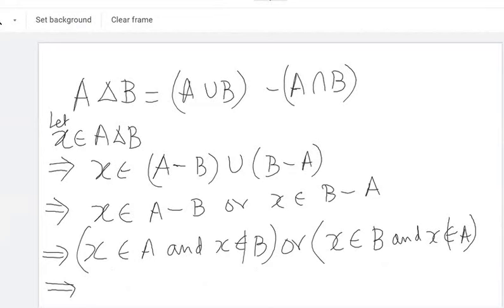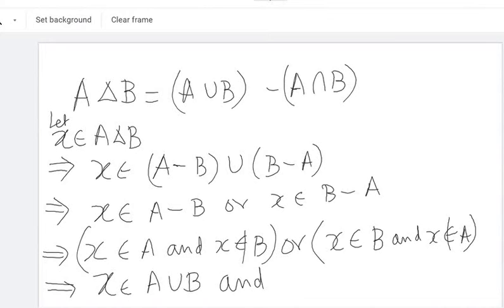So if X does not belong to A, then X has to belong to B. If X does not belong to B, then X has to belong to A. So X has to belong to either A or B. That is, X belongs to A union B. Now we are looking at the case where X belongs to both A and B. X belongs to A, that is fine, but X does not belong to B is false.